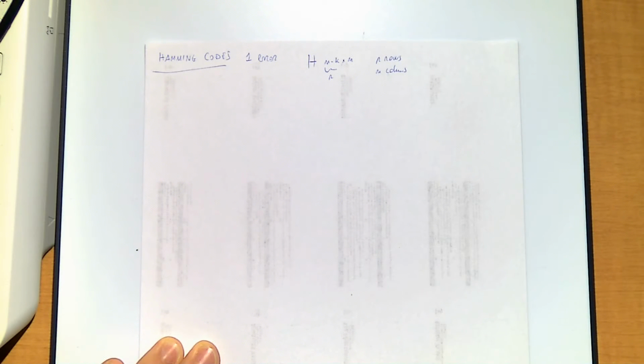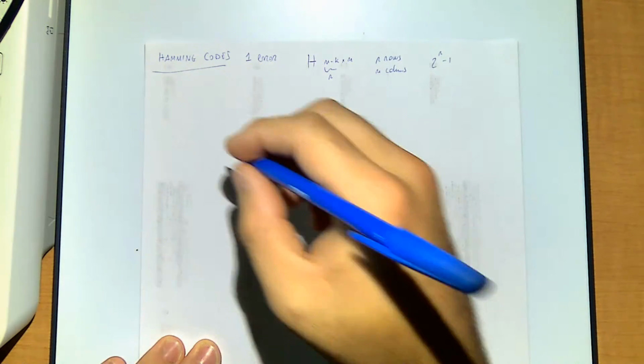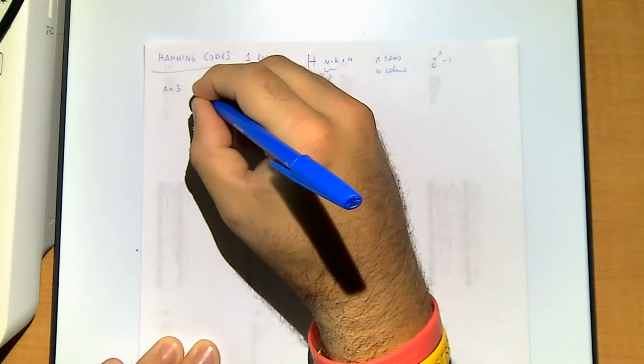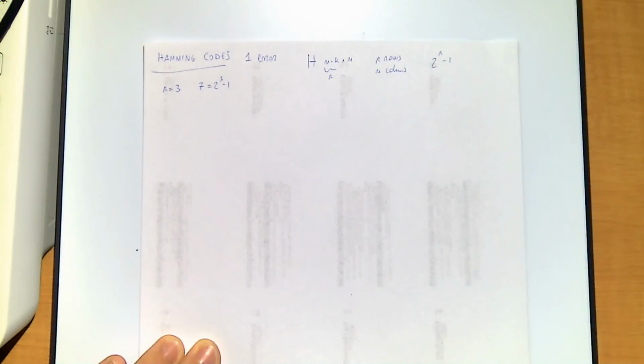How many columns can I have in total? I can only have 2 to the R minus 1 columns, because these are exactly all the possible different non-zero binary vectors of length R. For example, if I have R equal 3, then I have exactly 7, which is 2 to the 3 minus 1, different columns if I exclude 0, 0, 0.